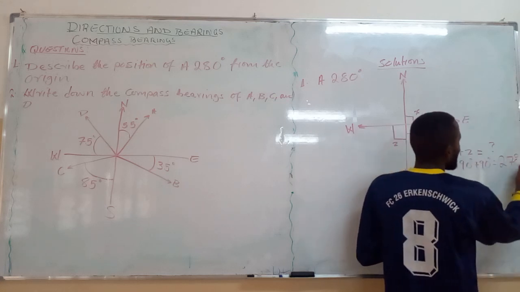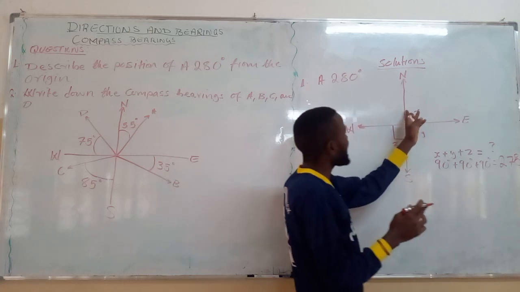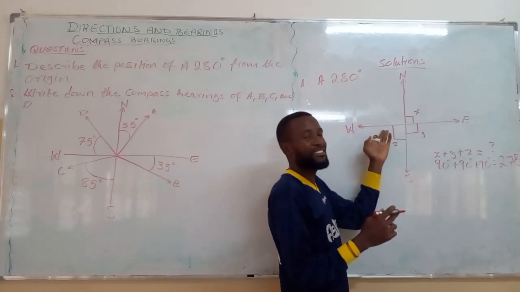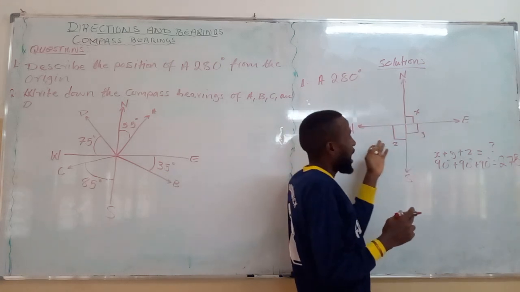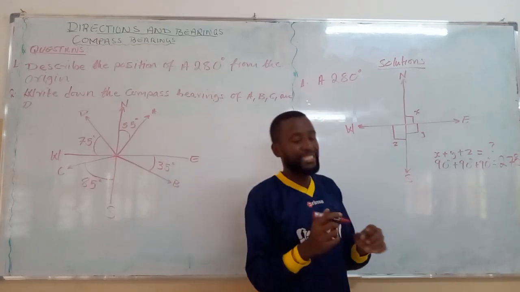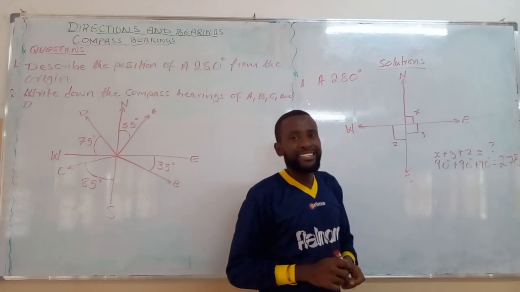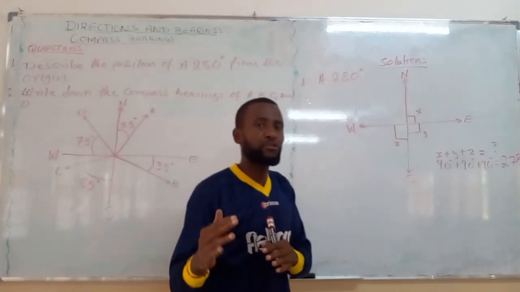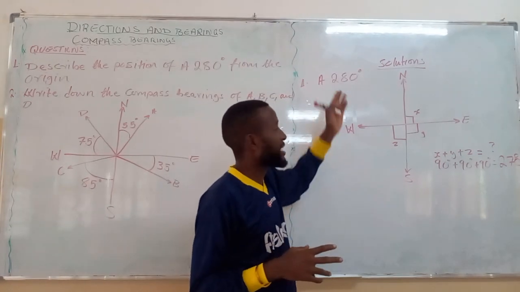So we know that the distance from here to there gives us 270 degrees. Now, what is the distance that we need to add in order to find 280? That is 10 more degrees. When we add 10 more degrees, we have 280.